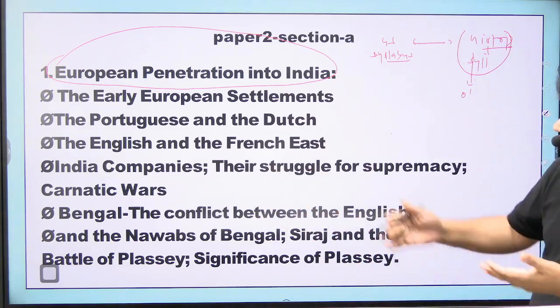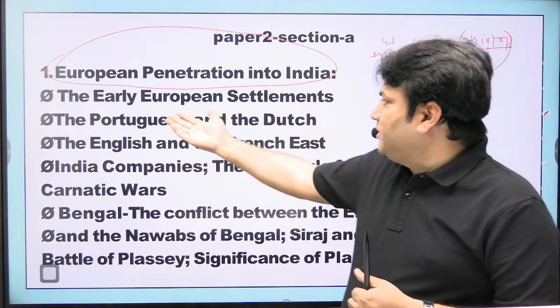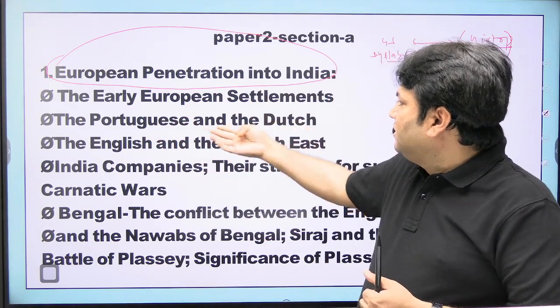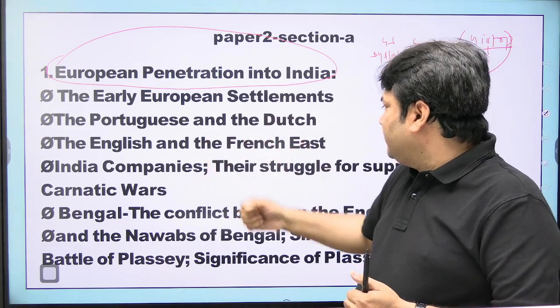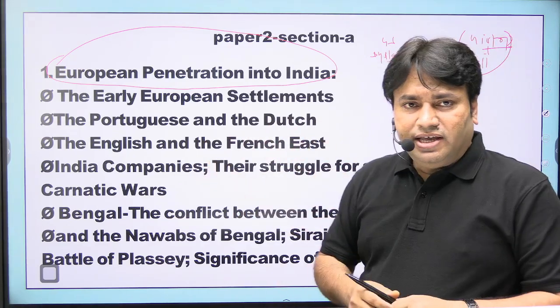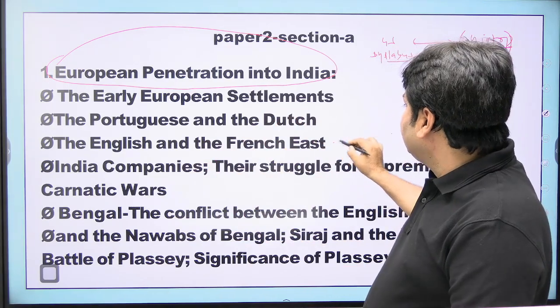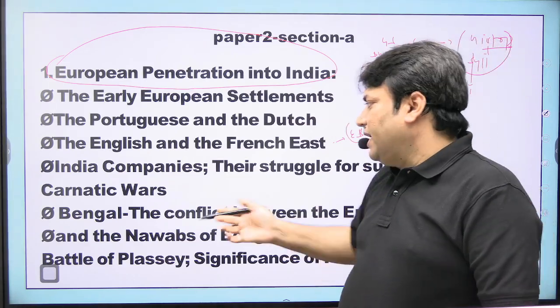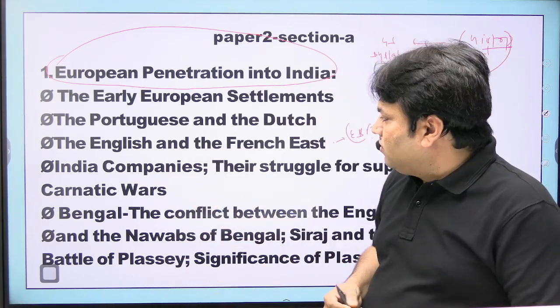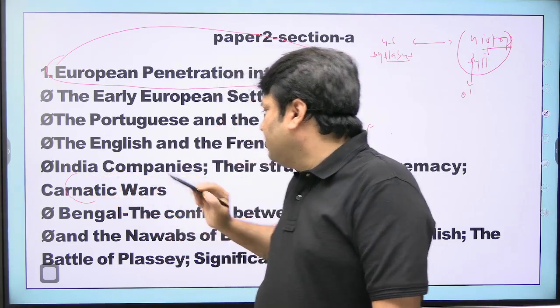Now, what has been given in the syllabus? The early European settlements, the Portuguese and Dutch, the English and the French East India companies, their struggle for supremacy. It means particularly the English and French struggle has been mentioned, and the English and French struggle, we all know, is the Carnatic Wars.